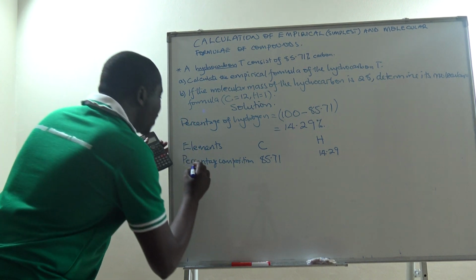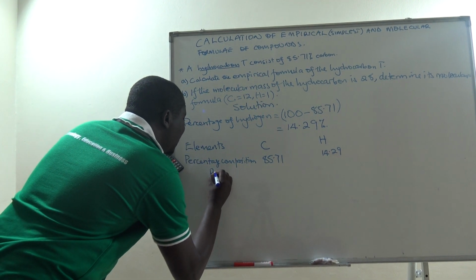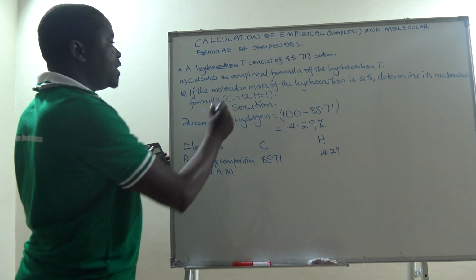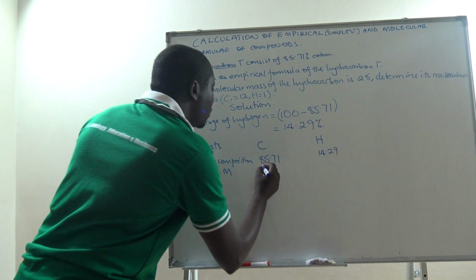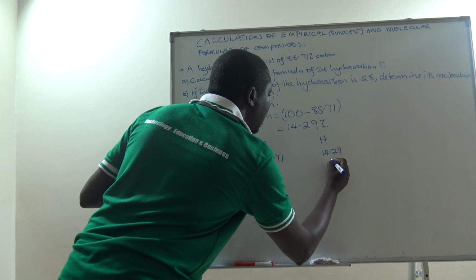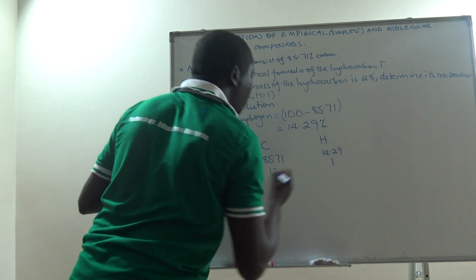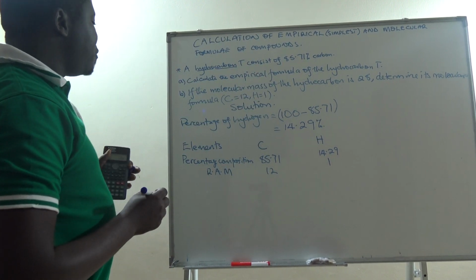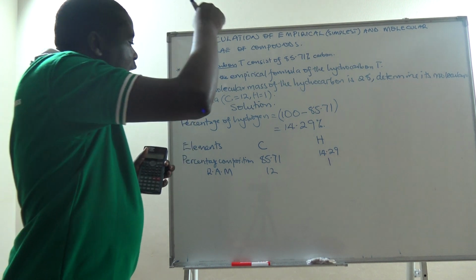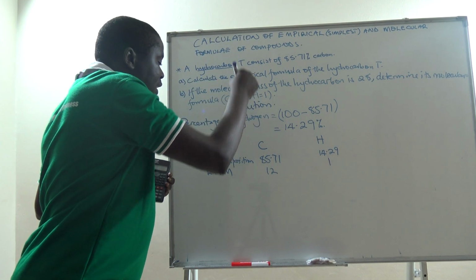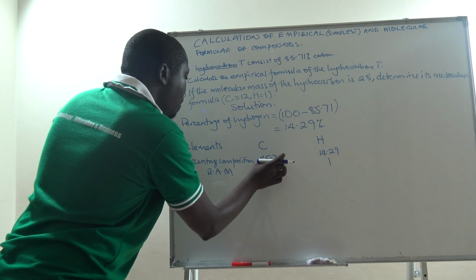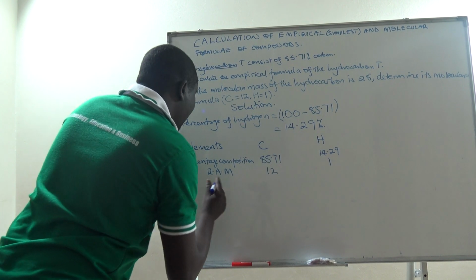Next we need to know the values of the relative atomic mass of each element, which have already been given here. So for carbon it is 12 and that of hydrogen is 1. Next we are going to calculate the number of moles of each element in the compound using the percentage composition and the value of the relative atomic mass.